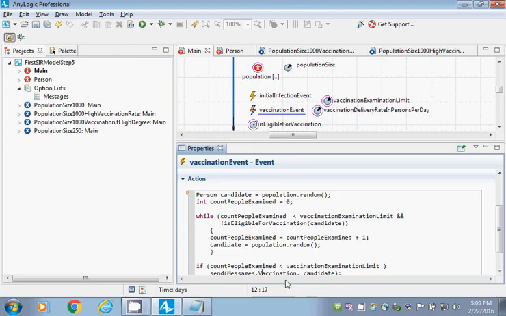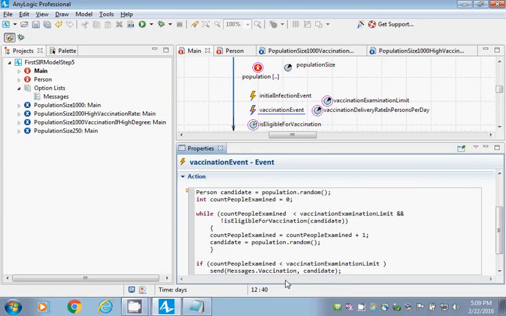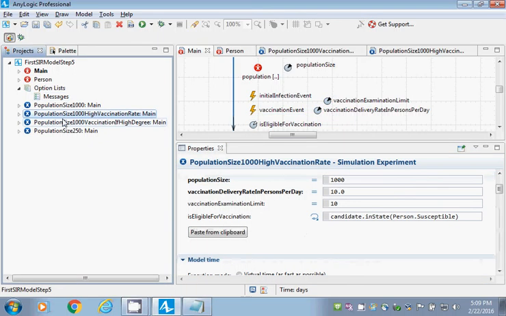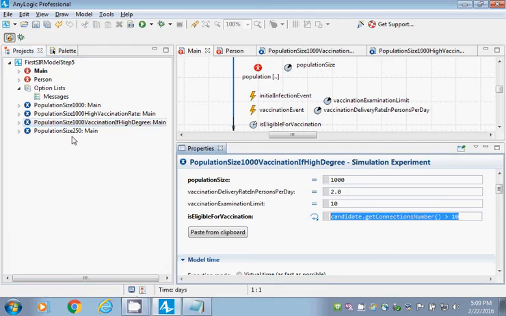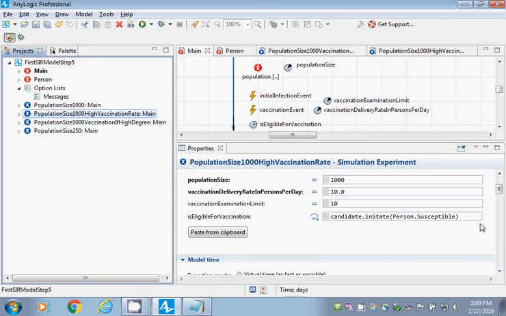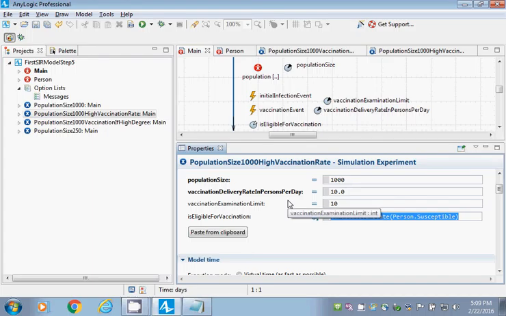This got more complicated than I anticipated when I first proposed it, but fundamentally we could deliver vaccinations to people who met certain criteria, and those criteria could vary on a scenario by scenario basis as to who we wish to vaccinate, which is a very powerful thing.